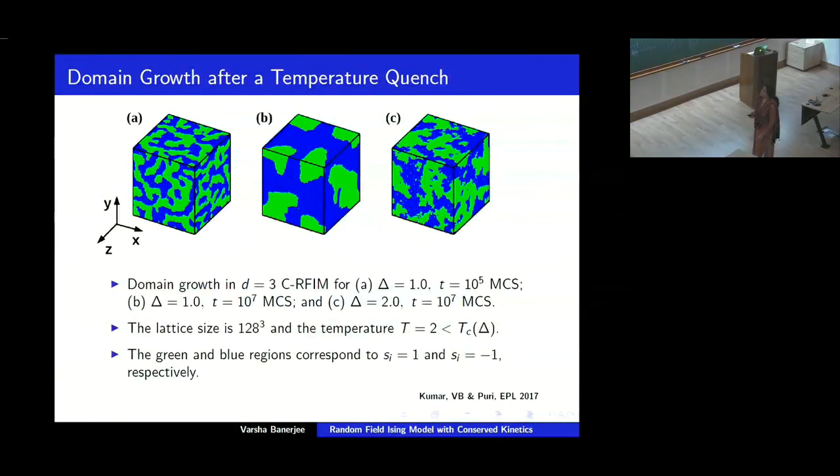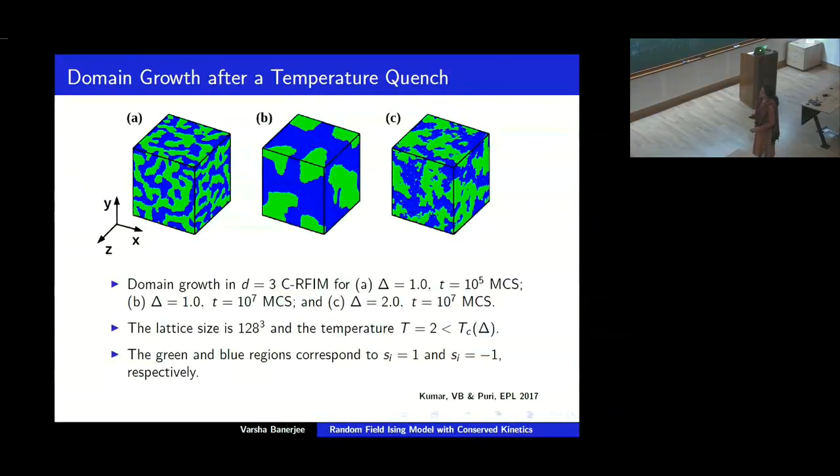So that's my first set of results. This is domain growth after a temperature quench. That's domain growth in d equal to 3 C-RFIM, where the C refers to the conserved dynamics. That's delta equal to 1.0, which is the ordered phase. So we've quenched the system in the ordered phase, or rather, we expect order in this particular system.